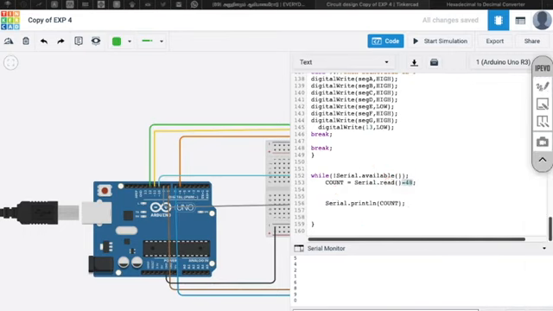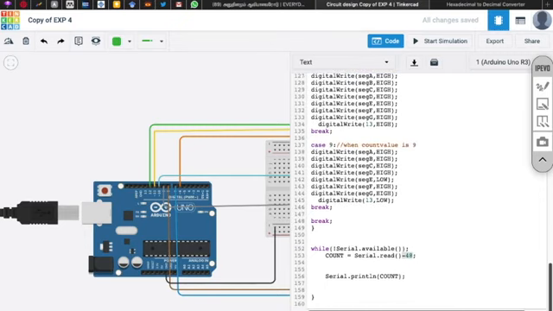PC. In the PC we have tools like PuTTY or COM port terminal windows to establish serial communication with the target device. Even the Arduino IDE itself has a serial monitor, and that serial monitor is given in this simulator here.